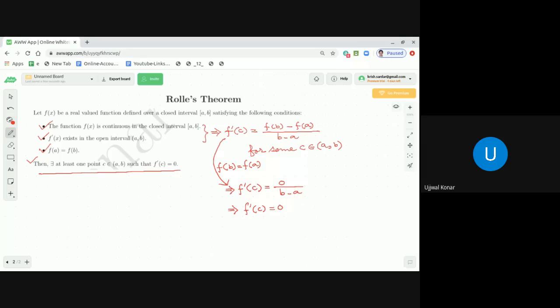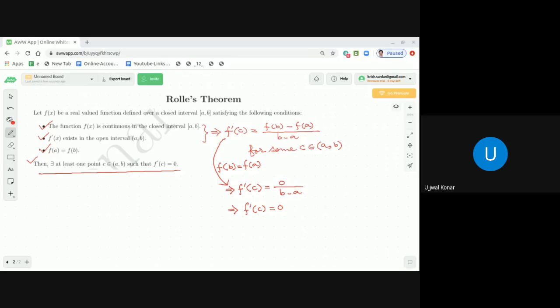As you know, dear students, a picture says a thousand words. Whatever we have discussed here, if we revisit those statements by means of a graph, it will be much simpler to understand. So keeping this in mind, let me show you a graphical explanation of Rolle's theorem.